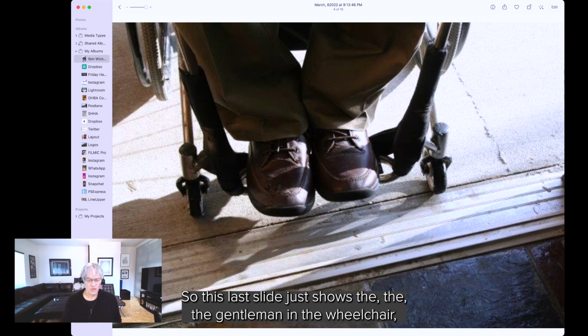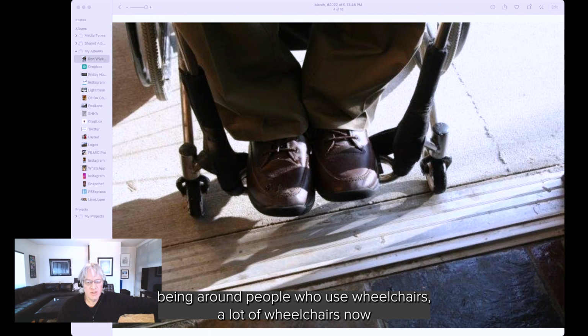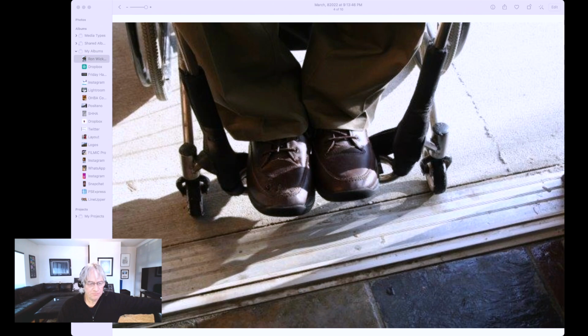This last slide just shows the gentleman in the wheelchair, his front wheels and his feet approaching the door threshold. In my time being around people who use wheelchairs, a lot of wheelchairs now, compared to what my dad used, have much smaller front wheels.